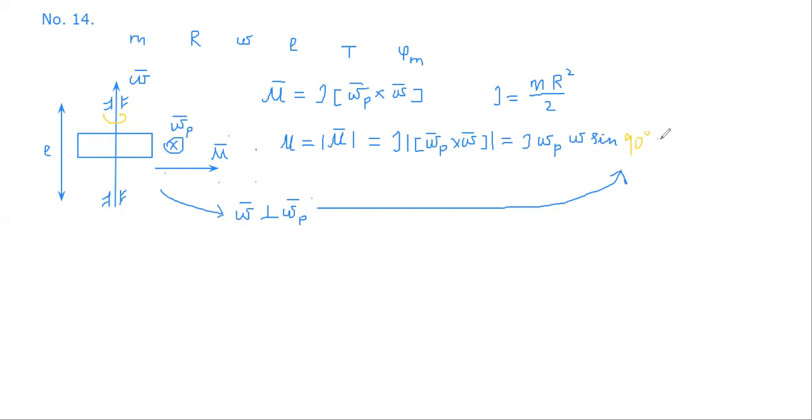According to this, we have I omega p omega.